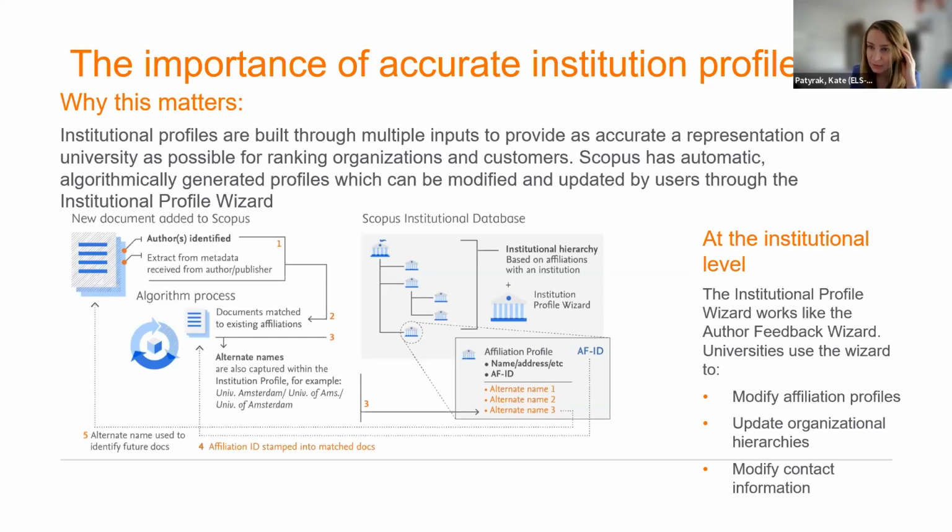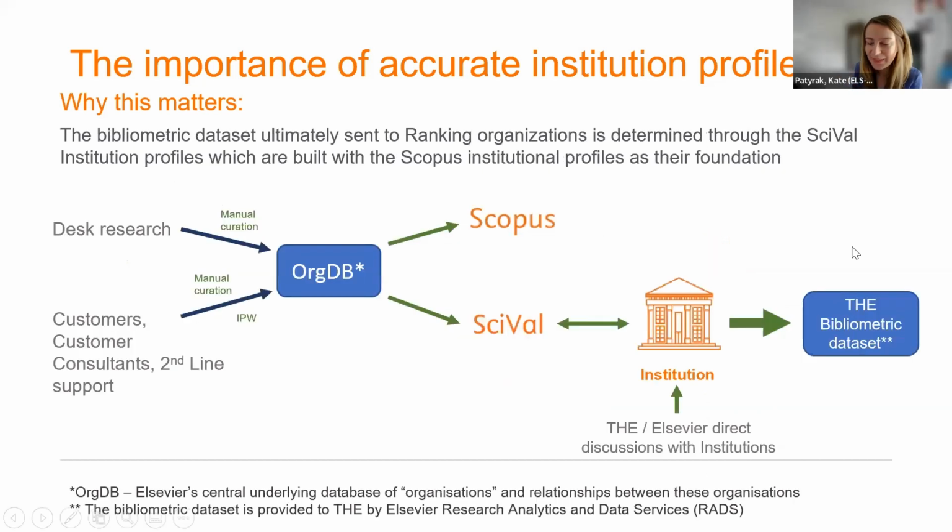We will give you a hand. However, a small remark: the institutional profile wizard is always available for 2-3 people at one university, and that's why you need to contact us directly to get access to it.